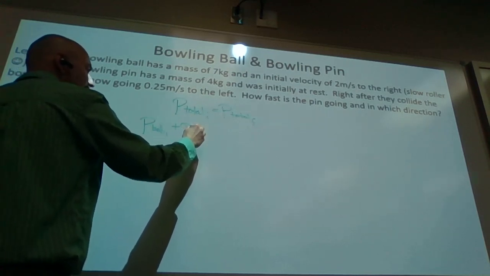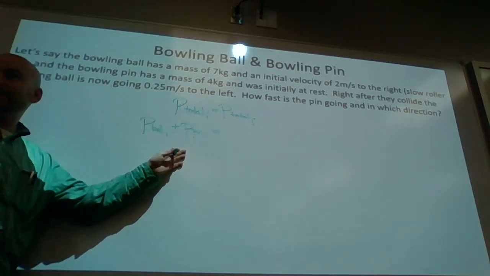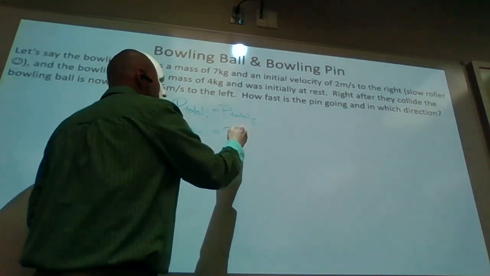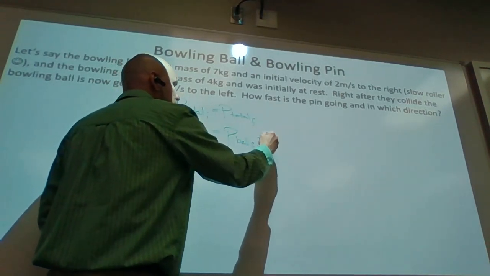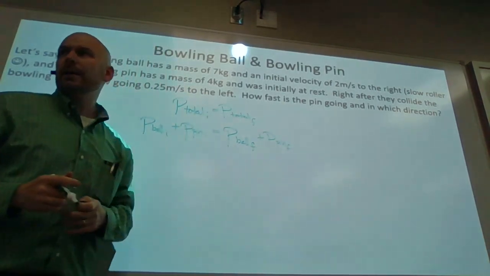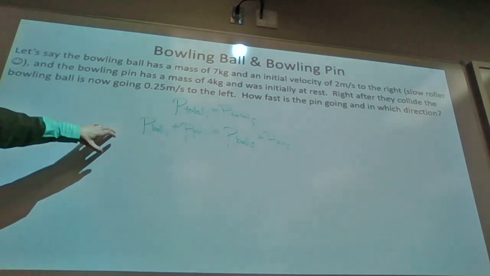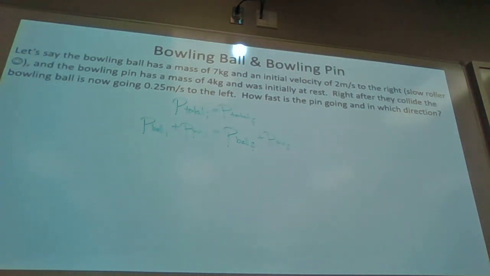The ball's momentum plus the pin's momentum gives us the total momentum of the system initially. That is going to be equal to the system's final momentum, which is captured by the ball's momentum plus the pin's momentum. Everybody see how this mathematically represents conservation of momentum for this scenario? This is the system of the ball and the pin. We're just adding them up.